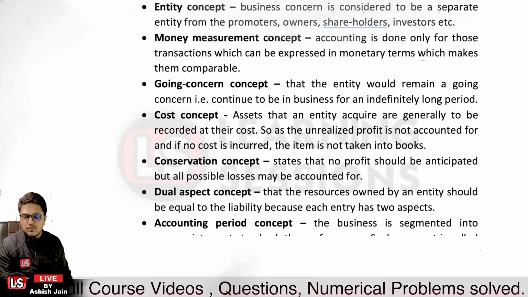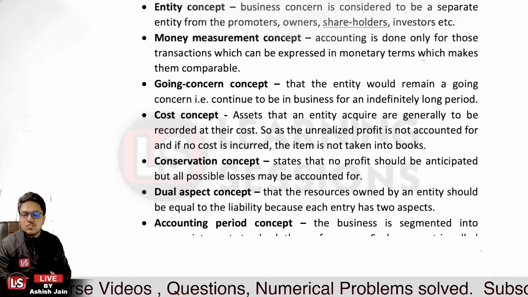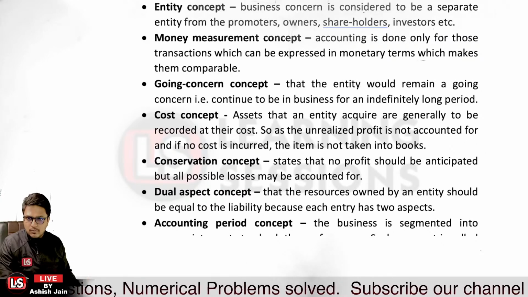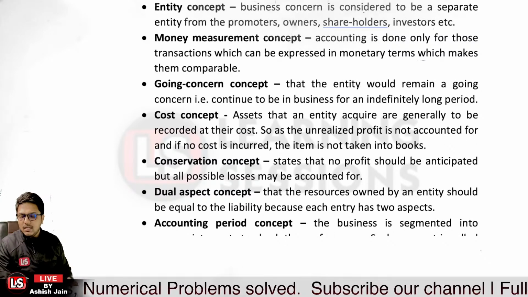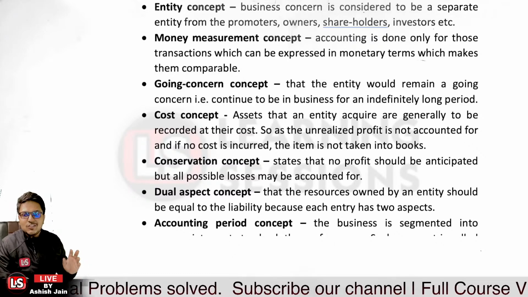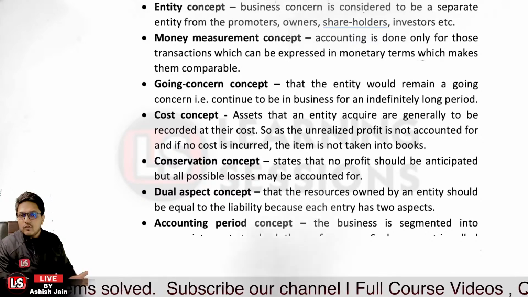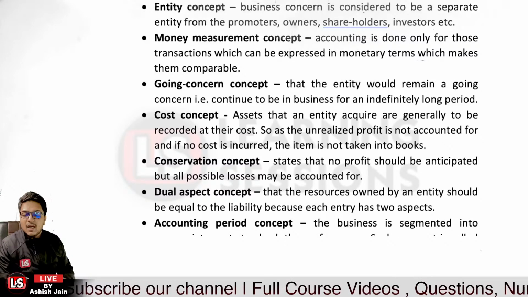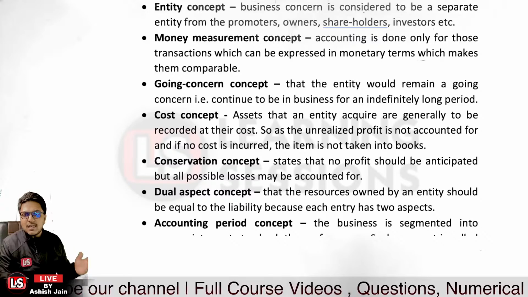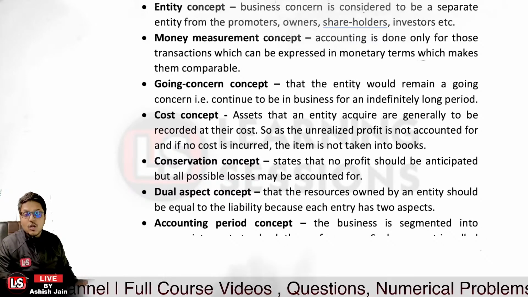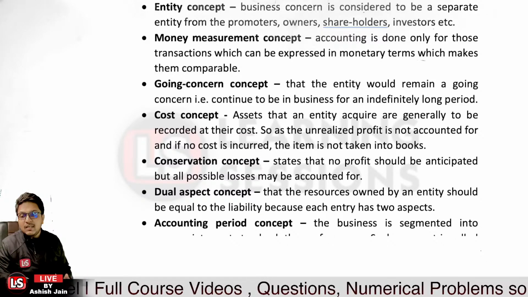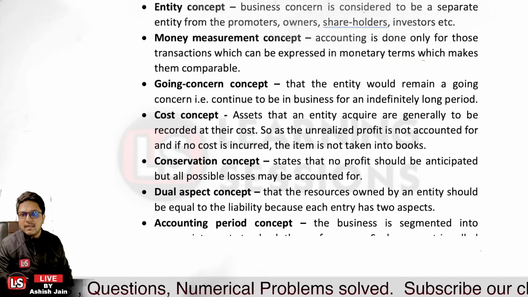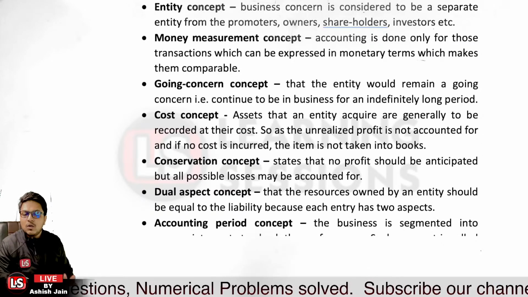If I purchase a machinery, it will increase the amount under the asset account, the machine account, and my cash account or bank account will be lowered, because I must have paid using cash or using my bank account, or I must have taken the machine on credit itself. So it covers two accounts. Each and every entry will have at least two accounts associated with it.